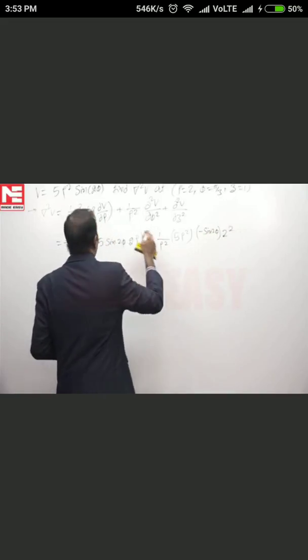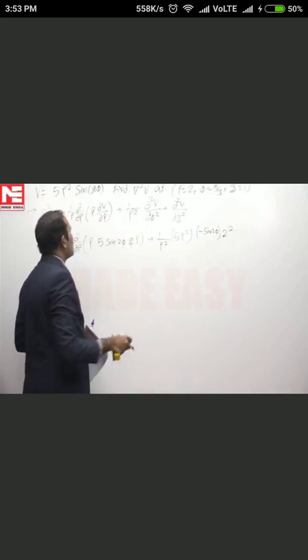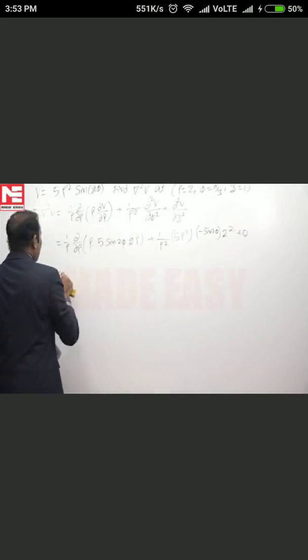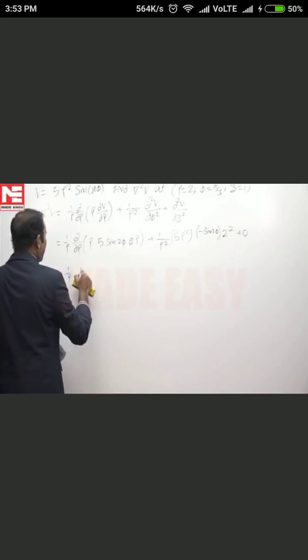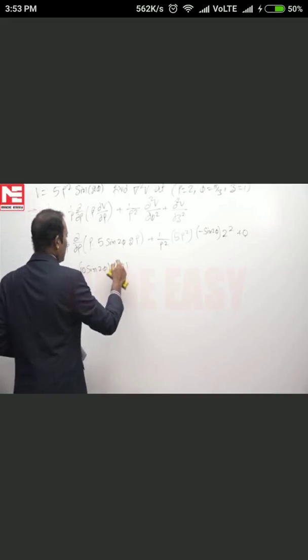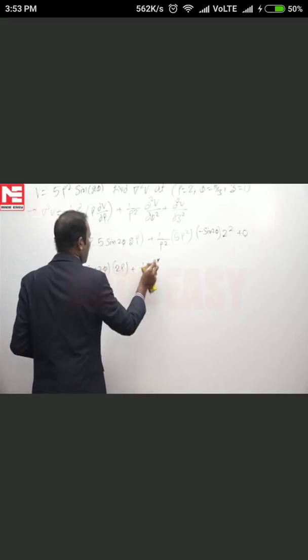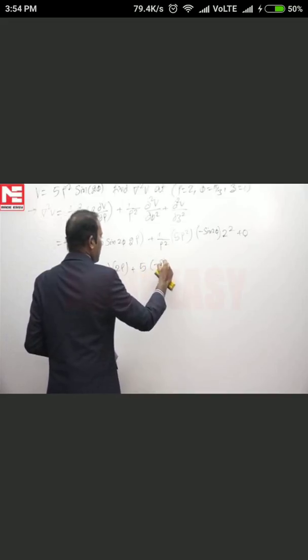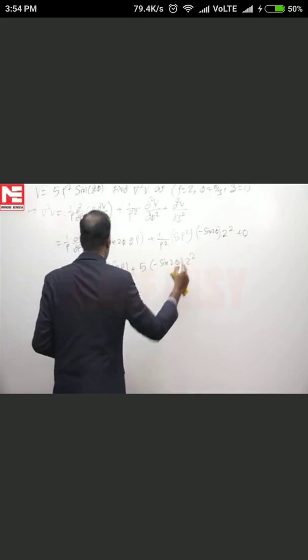Partial differentiation of v with respect to z 2 times, it is not a function of z, so the answer is 0, this one. Now once again if you differentiate this with respect to rho, here 1 by rho, 5 into 2, that is 10, sin 2 pi comes out, here rho square is there, so you get 2 rho. Then here 1 by rho square, that is cancel, and sin 2 pi into 2 square.